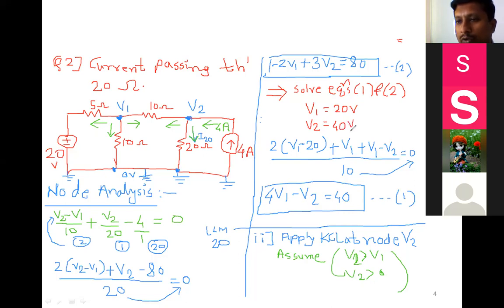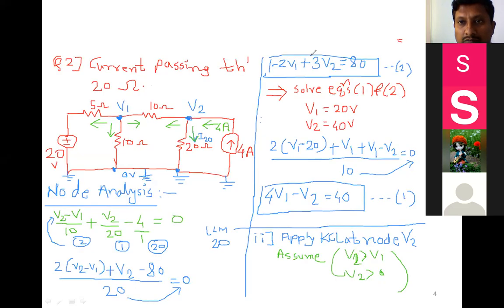Now first we have used the fourth step. We have calculated by using the calculator. That is the fourth step we carried out and we got the answer of V1 and V2. Now the fifth step will be according to the question. Find out the current passing through 20. So how to find out now?